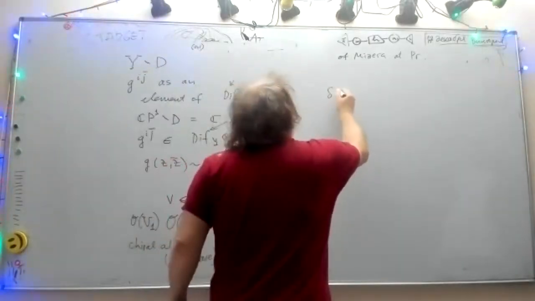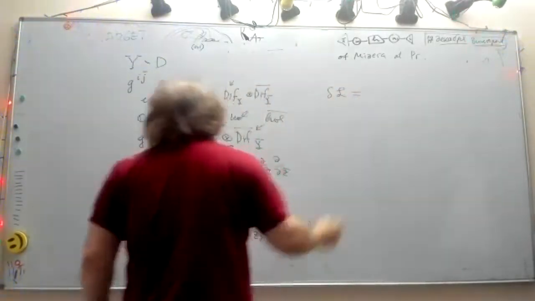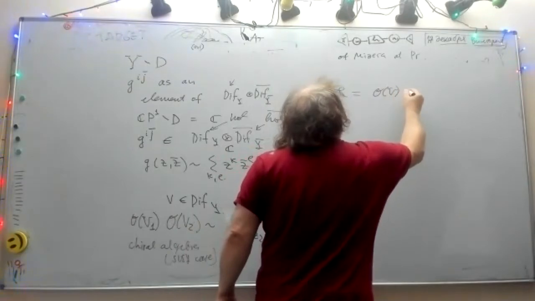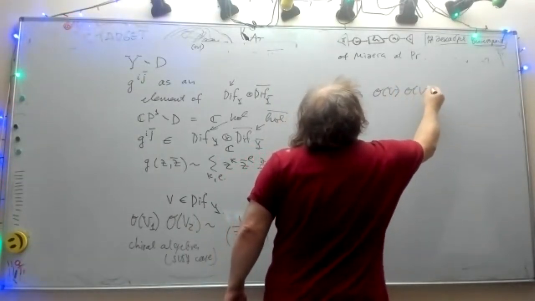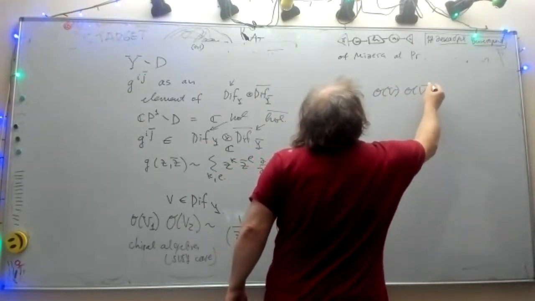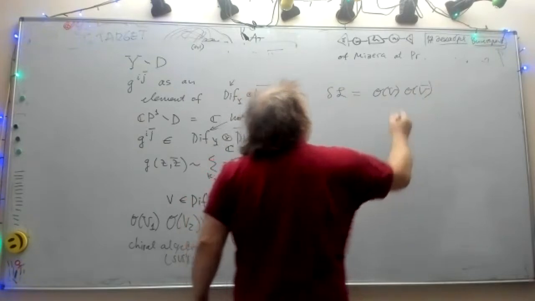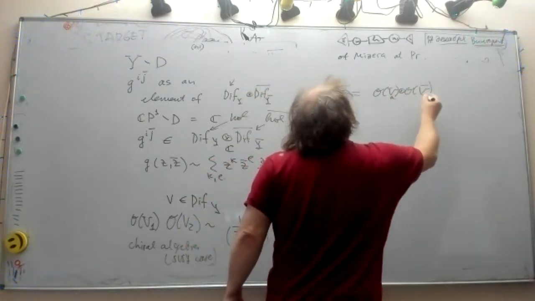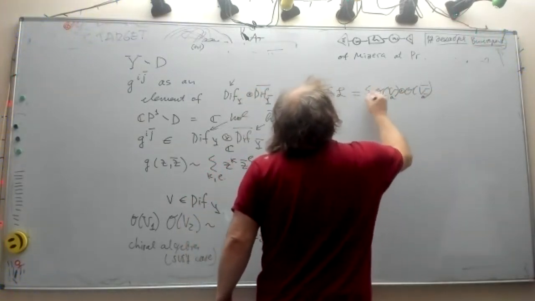Now, as delta L, I may consider O of V, O of V bar, okay? Let me put indices here and let me sum.